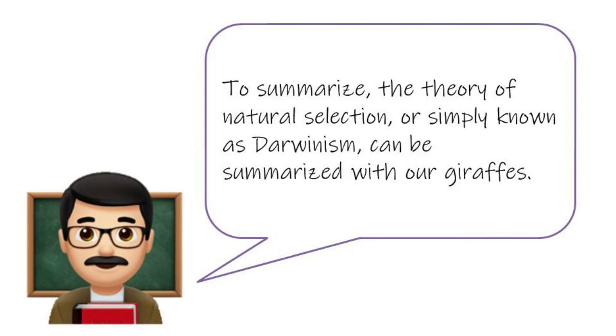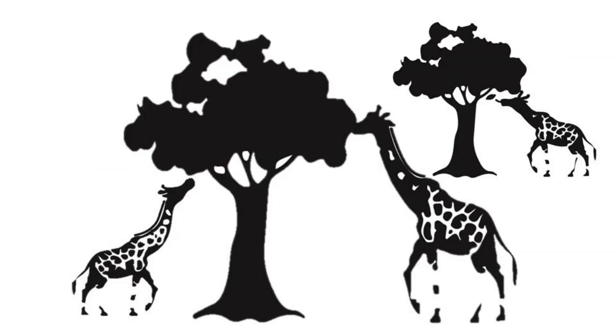To summarize, the theory of natural selection, or simply Darwinism, can be illustrated with giraffes. The ancestors of giraffes had variation in neck length. Some had long necks and some had short necks. Giraffes with longer necks could reach the leaves on the higher branches better than those with shorter necks.